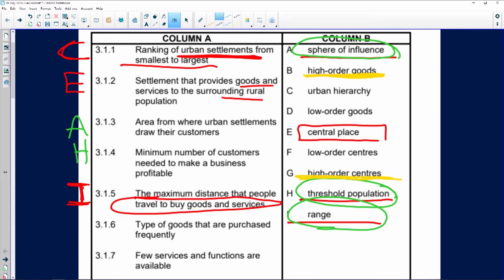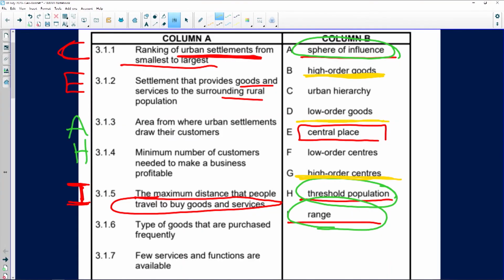They're completely different. Let me just quickly differentiate between the two of them. What's a high order good? For instance, a Ferrari. What's a high order center? It's places like Johannesburg that can give you services of a higher order, for instance, brain surgeons.